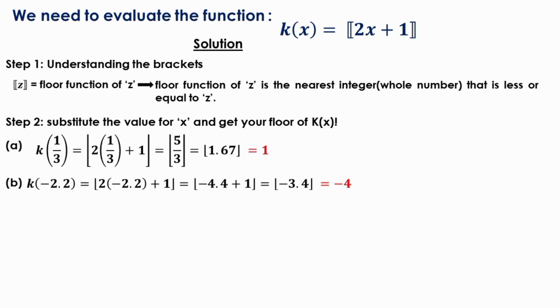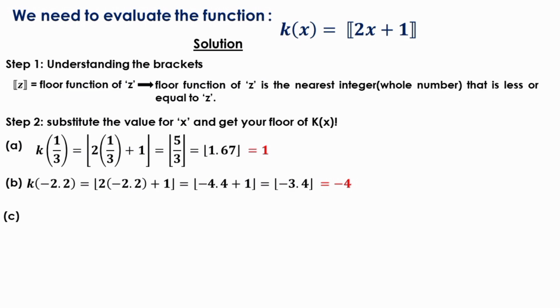So minus 4 is definitely less than minus 3.4. If we choose minus 3, minus 3 is greater than minus 3.4. Can we get it now? That's why it is minus 4.